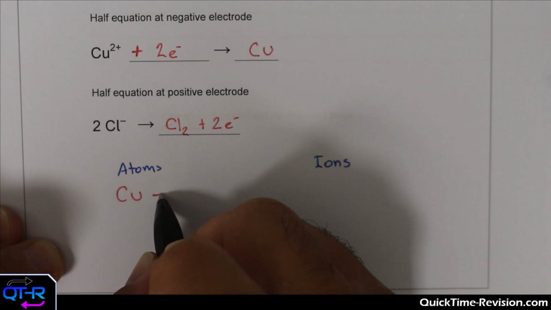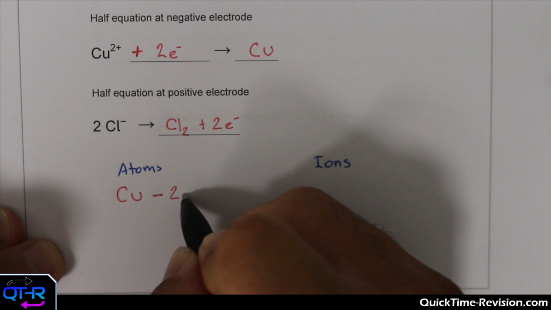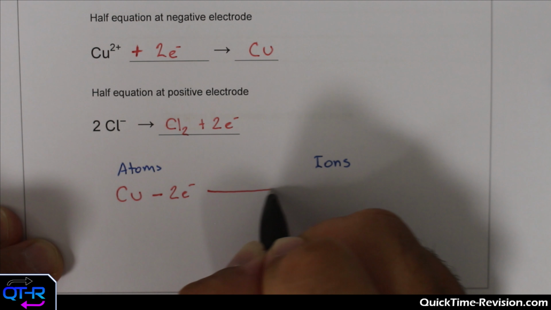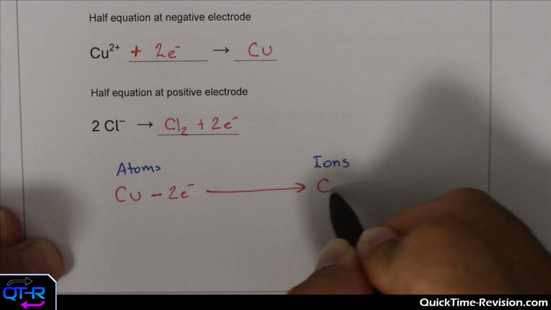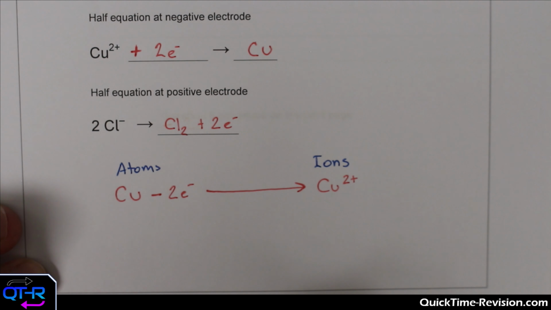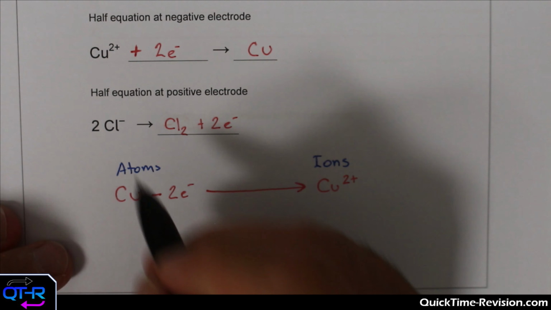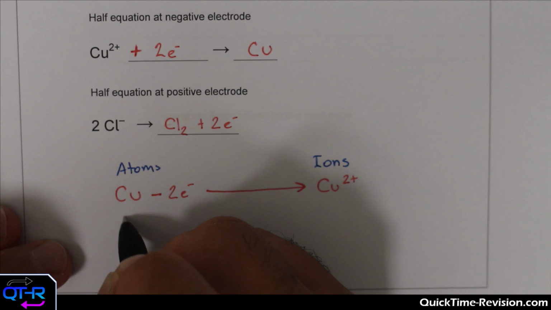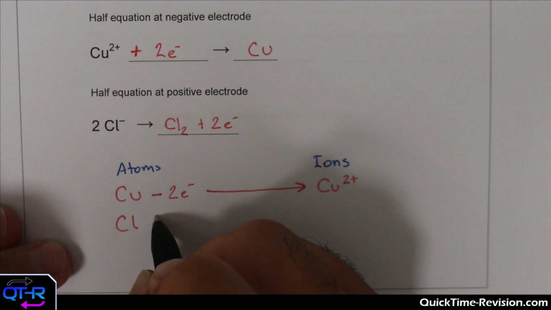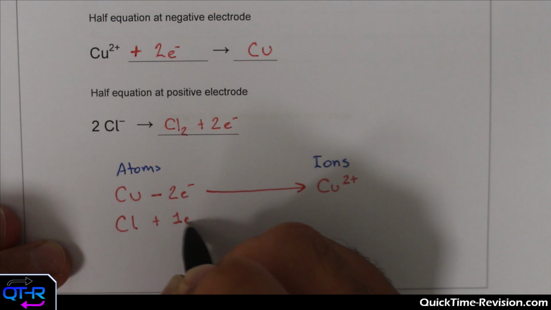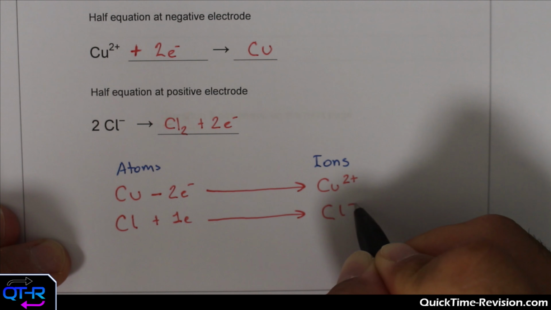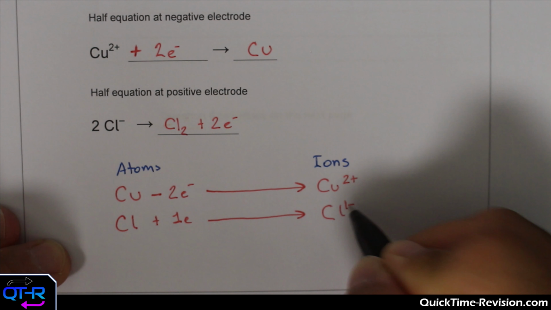If I take away 2 electrons from copper, I'm gonna end up with Cu2+, okay? All right, so I'm gonna do the other one over here. So chlorine, okay, if I got chlorine and it gains 1 electron, I'm gonna end up with Cl-.